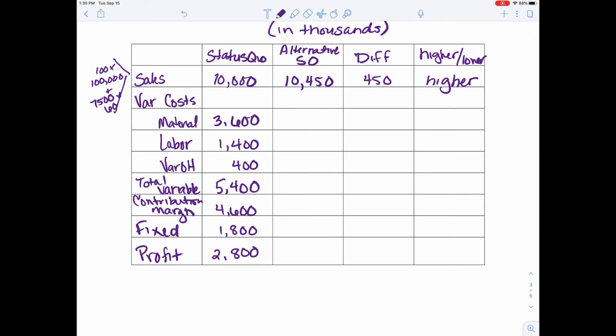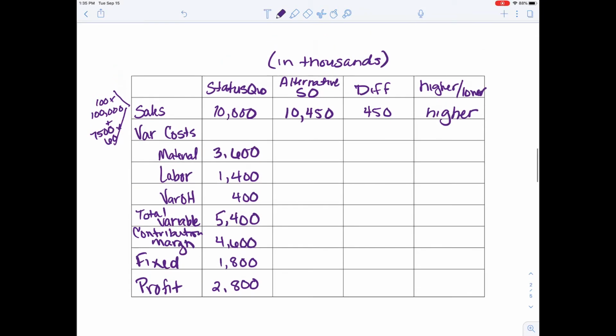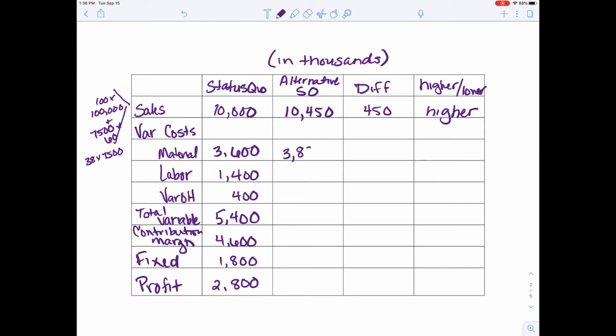Now my goal here is to make a profit of more than $2,800, and if I do, I would accept this special order. So now remember those materials, I have that $3,600 I'm going to add, but now I have $38 times that 7,500 to add to that. So that's an additional $285,000. So this would then equal 3,885.